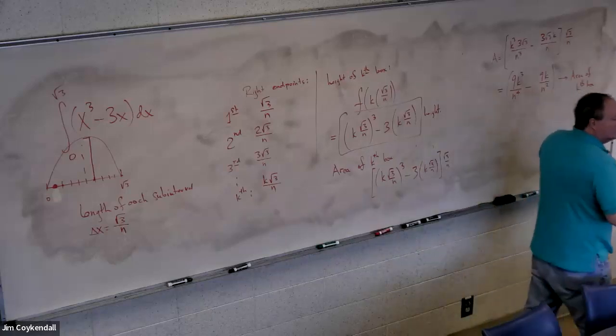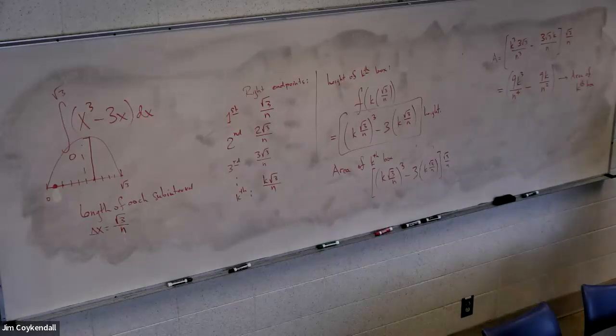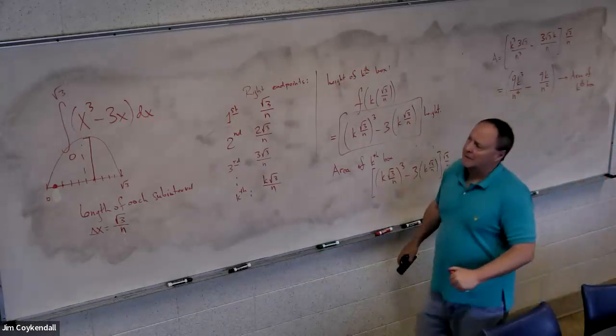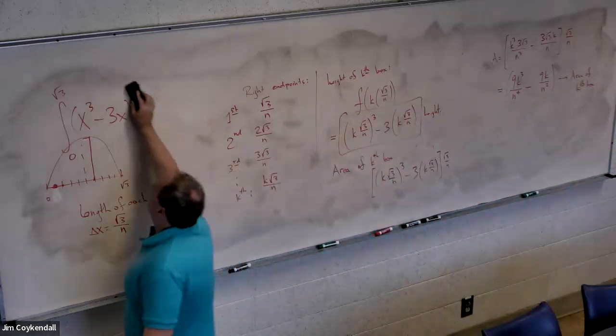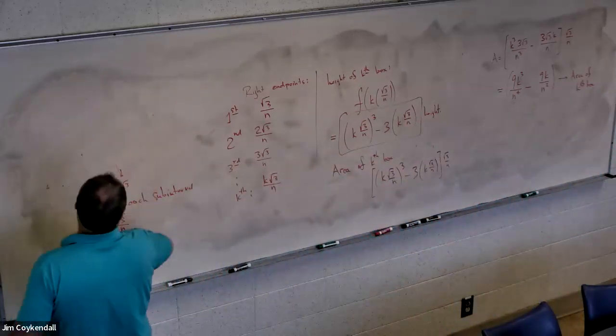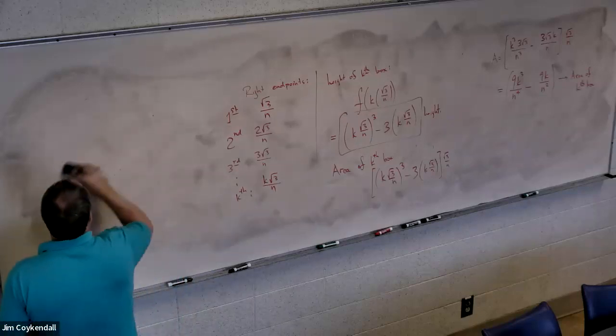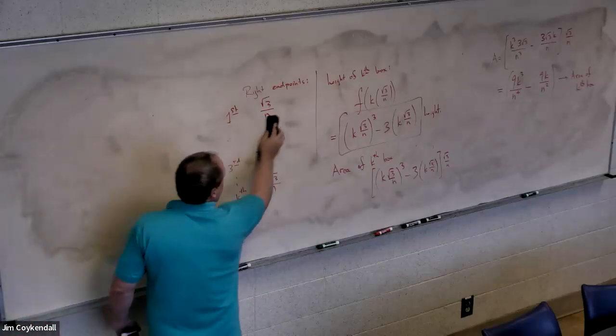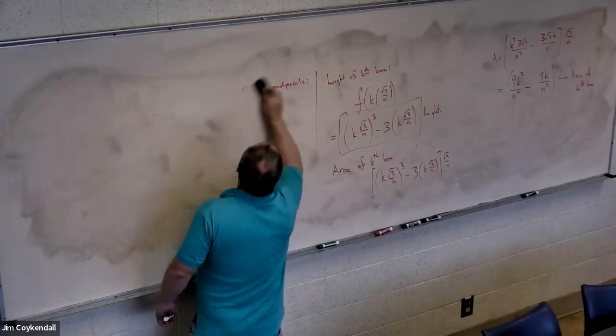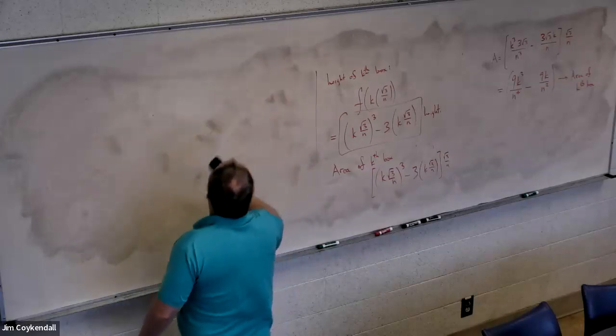Now, what is part C? The Riemann sum: what I've got over here is just the kth box, so we need to add them up.